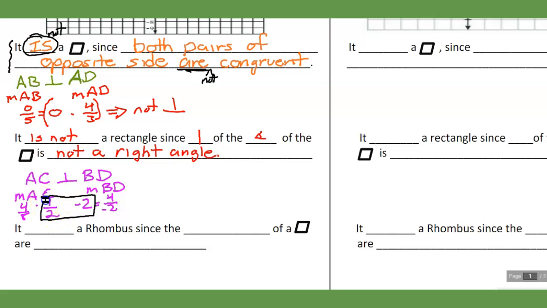Yep, opposite, because this is positive 1/2, -2, and reciprocal, 1 over 2 and 2 over 1. So therefore, these are perpendicular. Therefore, it is a rhombus. So we can say it is a rhombus since the diagonals of the parallelogram are perpendicular.